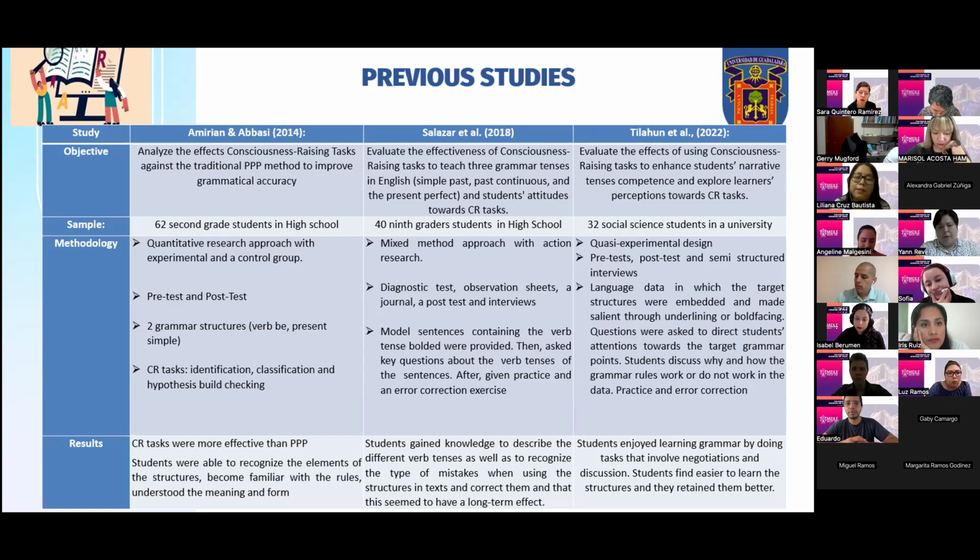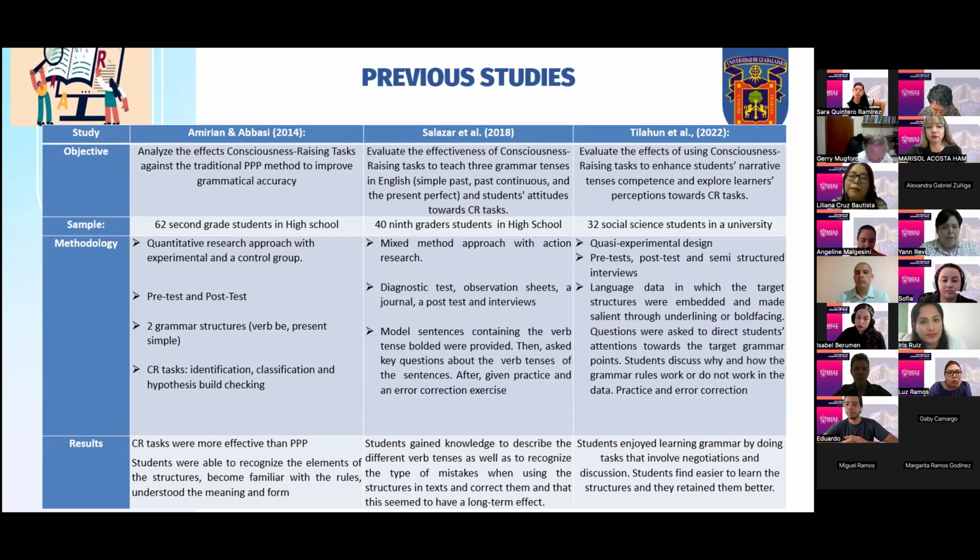And the students, again, were positive. Students were able to describe the different verb tenses, and they were able to recognize the mistakes when using the structure. So this means that they monitor their production. And it seems that these tasks have a long-term effect in some delayed post-tests.